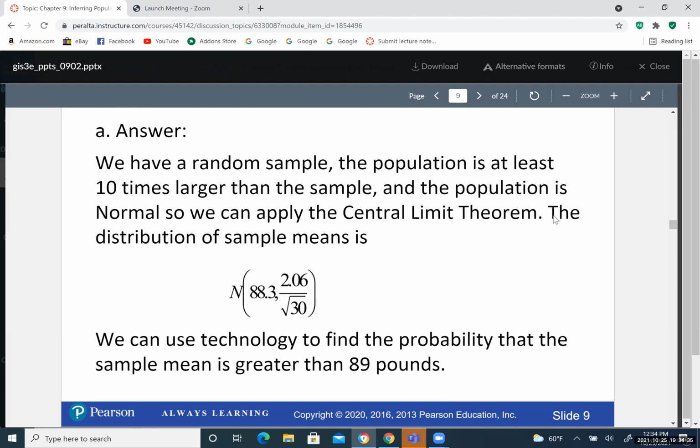Before this, we need to analyze whether this meets the central limit theorem conditions. First, we have a random sample, or independence. The population is at least 10 times larger than the sample size. And the population is normal. They're just saying that; they don't write it down.